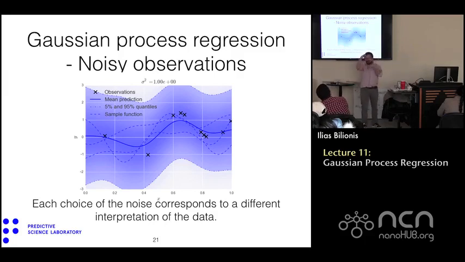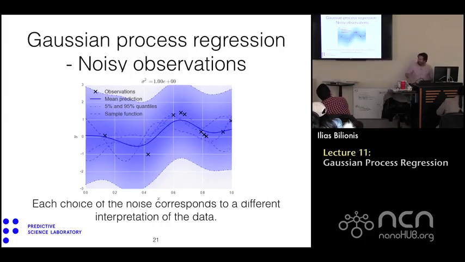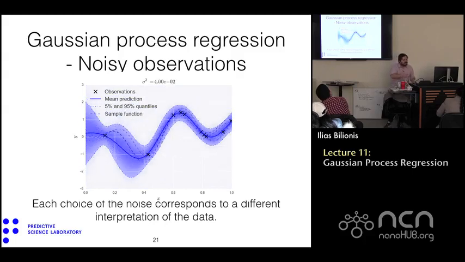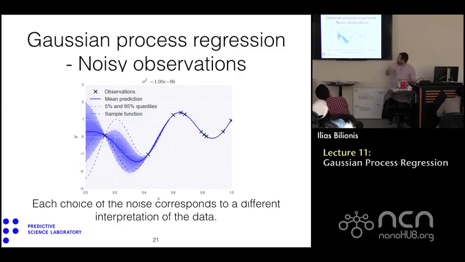So the samples will be showing you the epistemic uncertainty. If I start the video, you will see the noise going down. I'm just selecting it by hand. So I'm saying, give me the best fit with noise of 1, give me the best fit with noise of 0.5, and smaller and smaller noise.